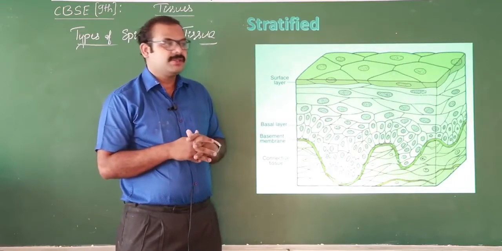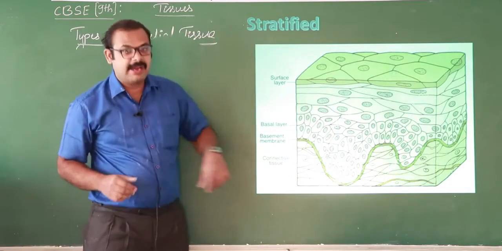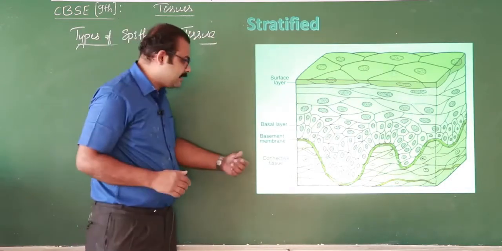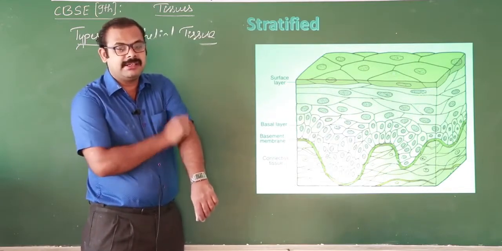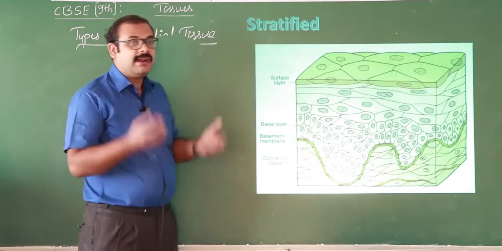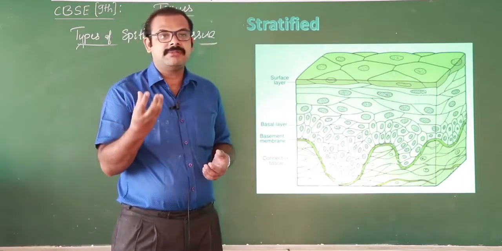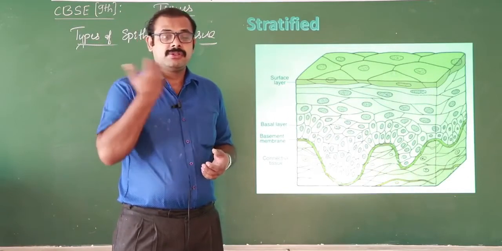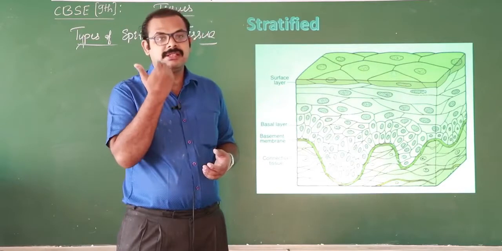Wear and tear means, for example, while moving sometimes we rub our hand or by mistake we scratch ourselves. In that case, if it is only a single layer it will tear out. And while eating food, it may be hard or soft, so it has to continuously interact with the surface.